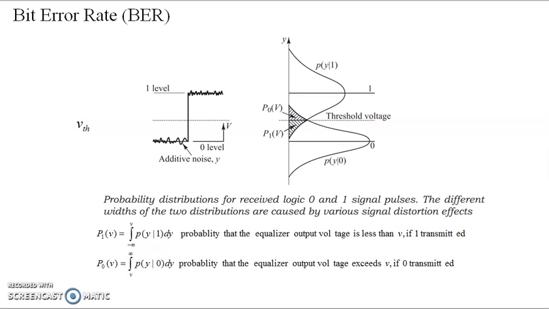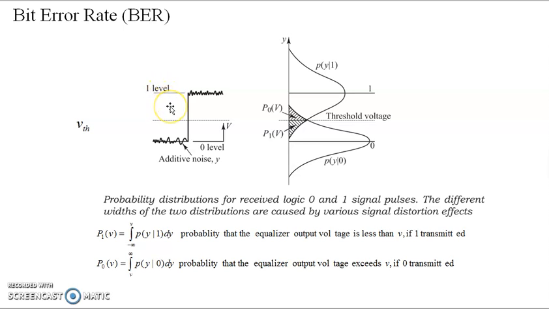Here the figure shows the probability distributions for received logic 0 and 1 signal pulses, and the different widths of the two distributions, which are caused by various signal distortions. In this graph, this is the threshold voltage level VTH, and this is the 0 level. Below the threshold voltage we identify it as 0, above the threshold voltage we identify it as 1.